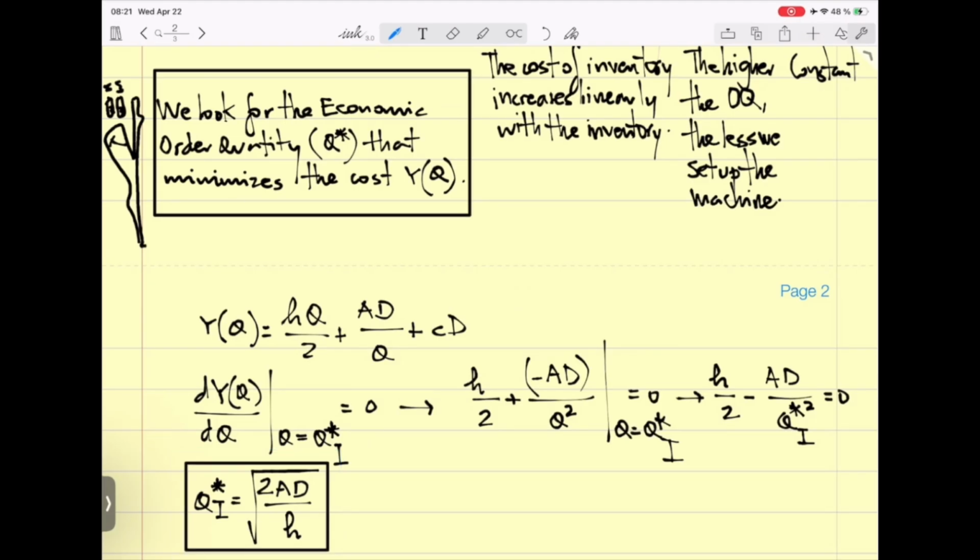If we plug this value into the cost function, we get h times q1 star divided by 2 plus ad divided by q1 star plus cd.